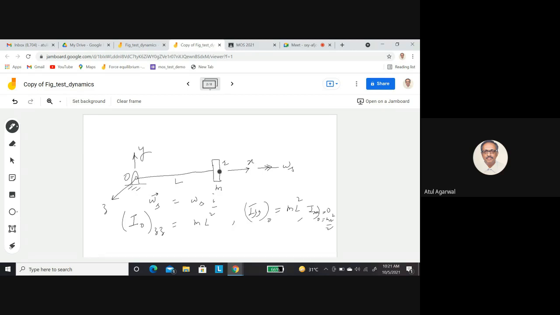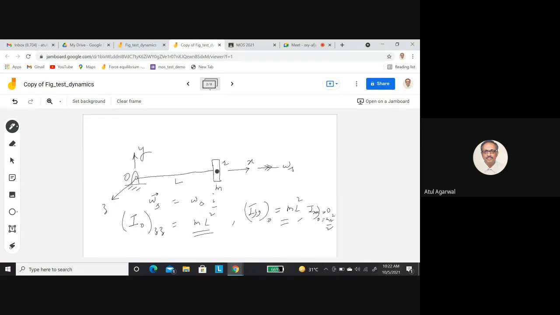There is an axis passing through the x-axis, and you can find the moment of inertia of this rod about the x-axis. That will be simply mr square by 2. Now you may say there is some problem: when calculating all this, we have neglected the dimension r of this mass.